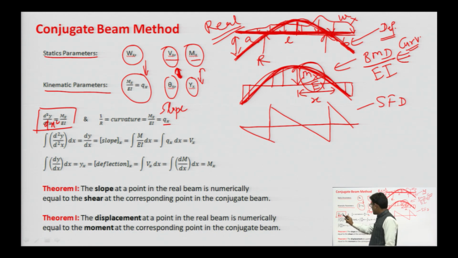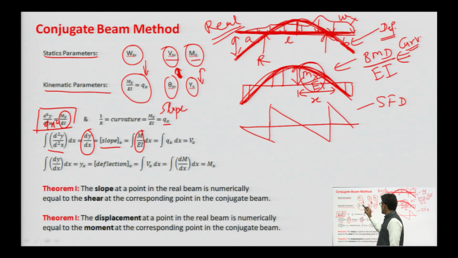So if we integrate this, what will we get? We will get dy by dx, which is the slope. Now if we put the value of Mx by EI, it is the integral of Mx by EI, where Mx has been replaced by qx.